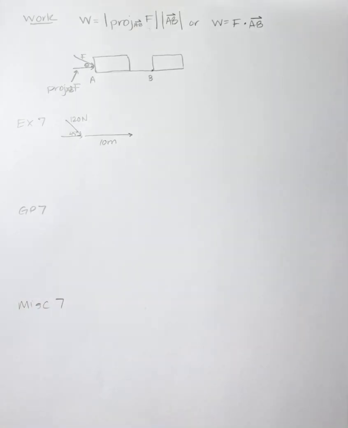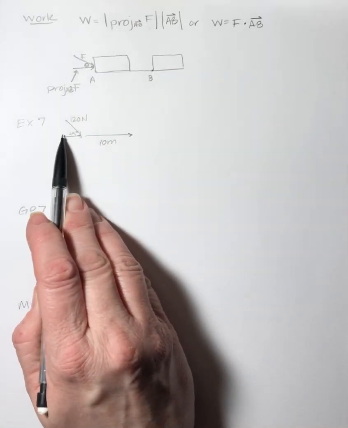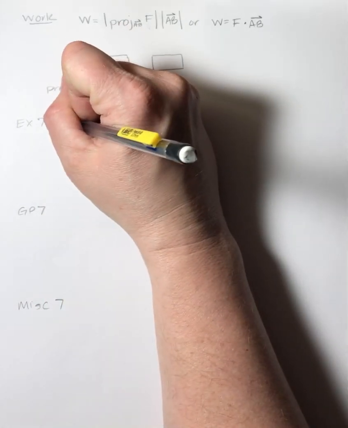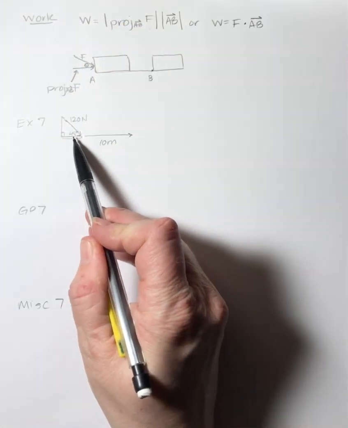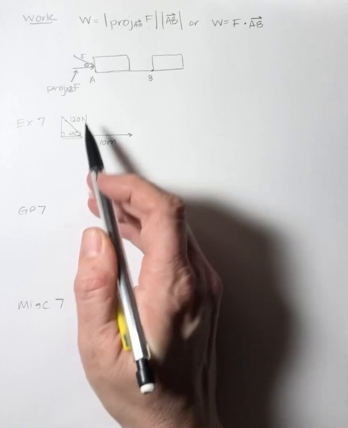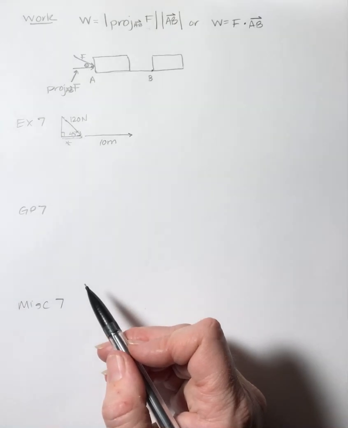Okay. What I need here is I need the magnitude of this vector here. Well, if I draw a right triangle, all I have to do is use cosine. So the cosine of 45 is my projection vector over 120.